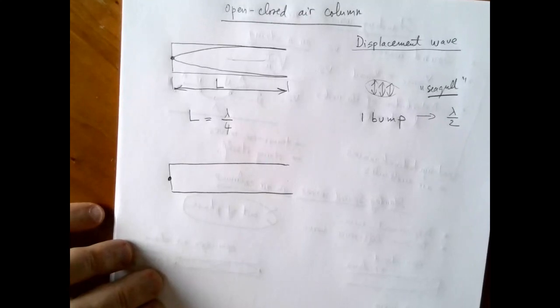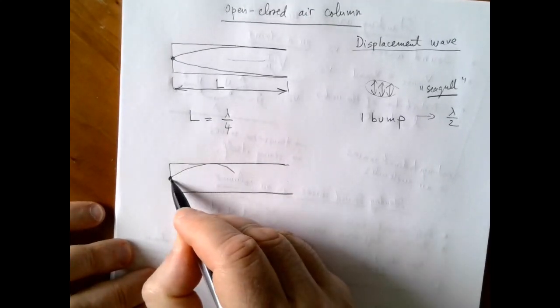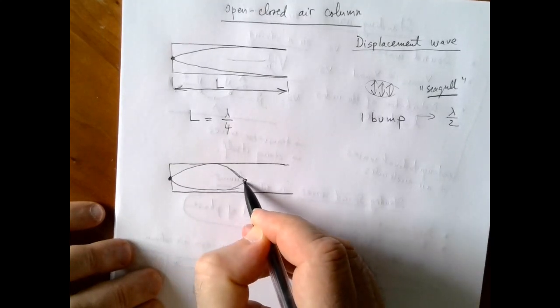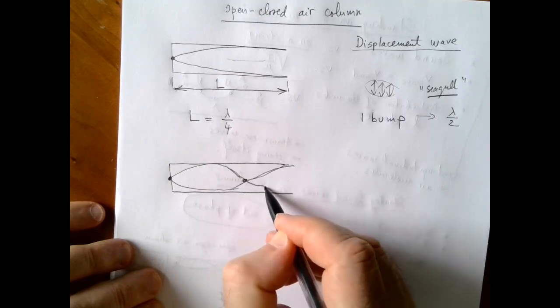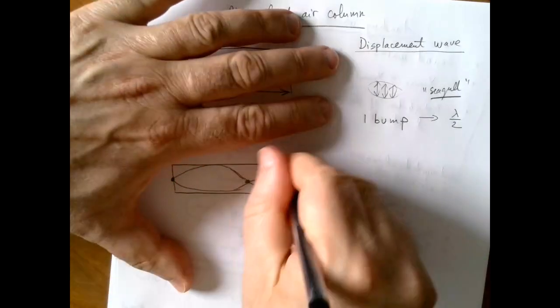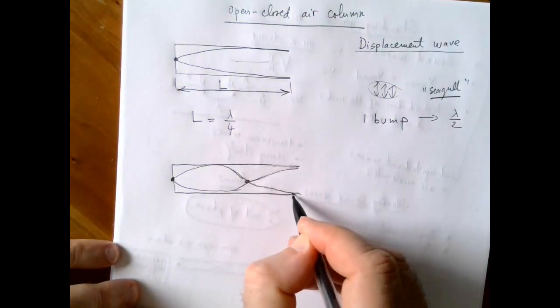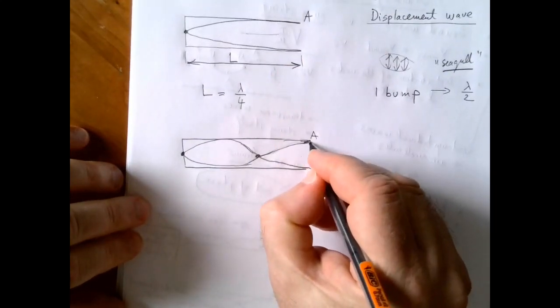This must be true. So what does it mean? It means that if I go to the next one, that's okay. I can squeeze in a loop here, but then when I go here, I must have an antinode again. This condition must always be satisfied. The antinode must be present.